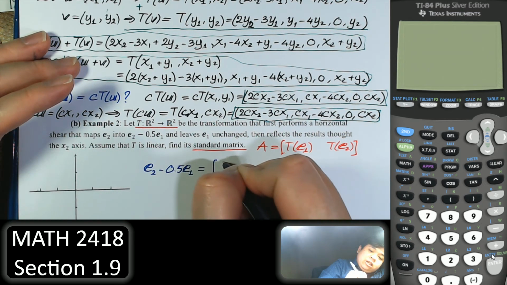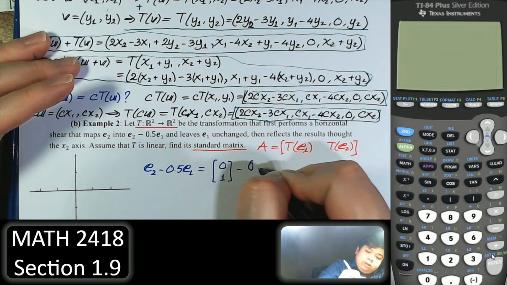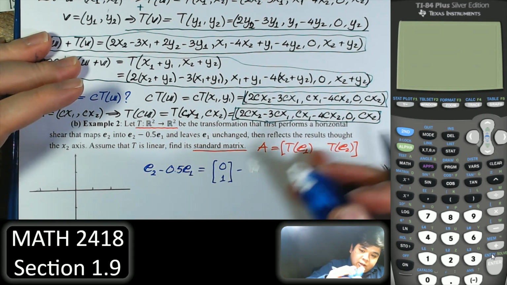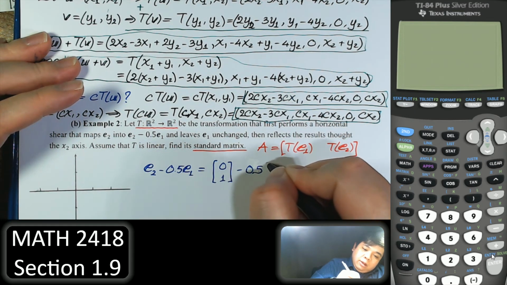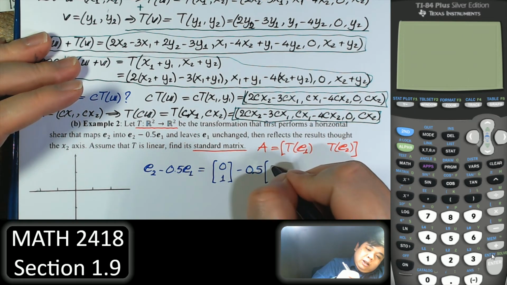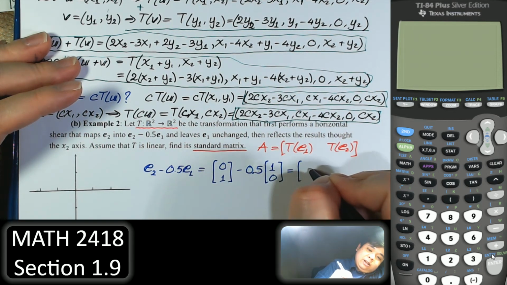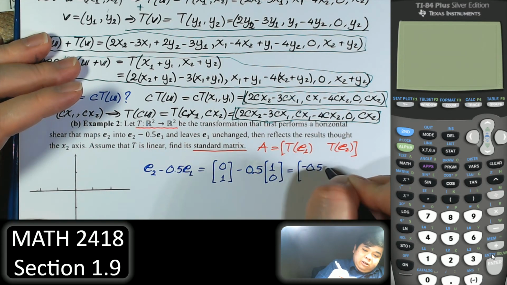E2 is 0 and 1, minus 0.5 times E1, which is 1 and 0. So what do we have here? Minus 0.5 and 1.